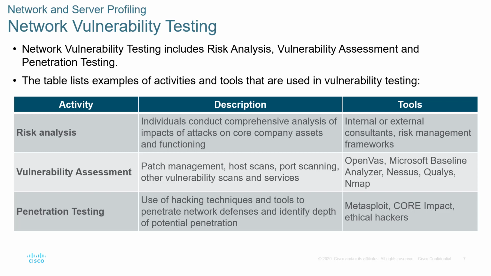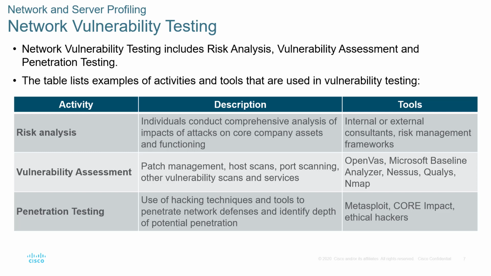Within network vulnerability testing, we have things like our vulnerability assessment, our risk analysis, our risk assessment, our pen testing. All of these provide very specific functions. A risk analysis identifies our risk for the overall organization, as well as for us to define likelihood of events occurring.